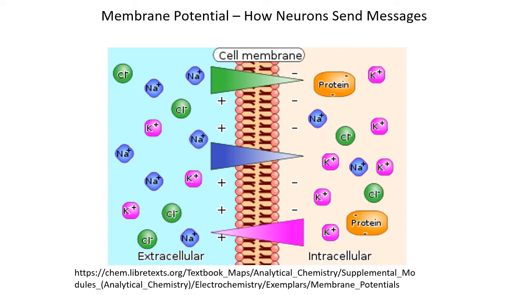Particularly this concept of a membrane potential, and then how our neurons actually send these messages. So how these electrical signals are generated and propagated down the neuron.